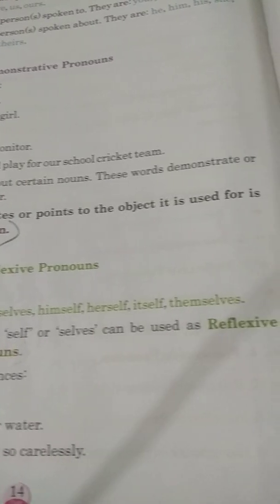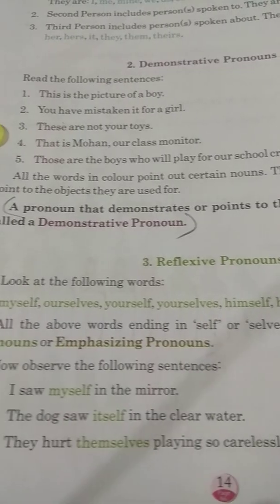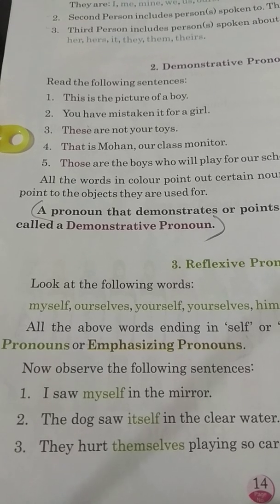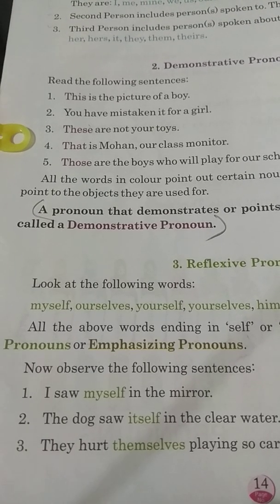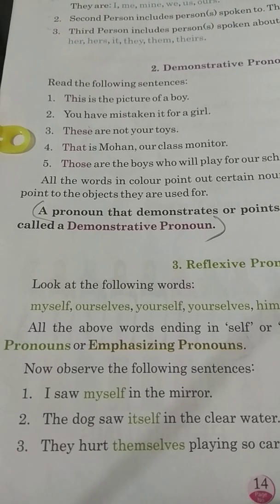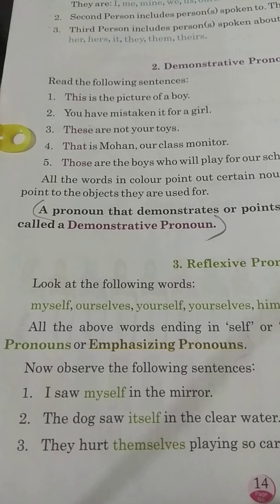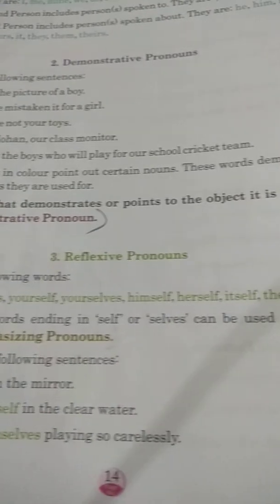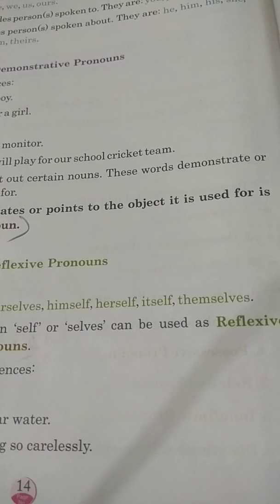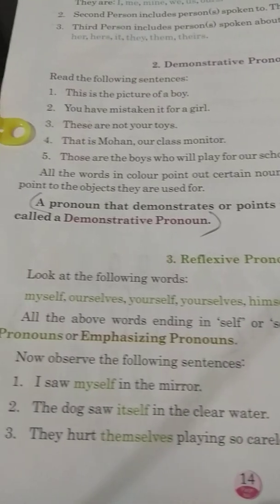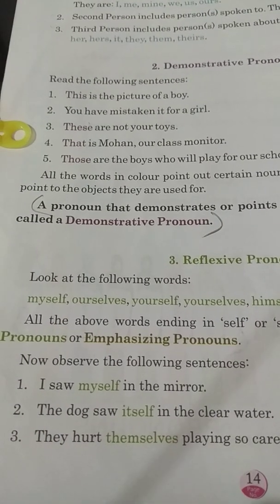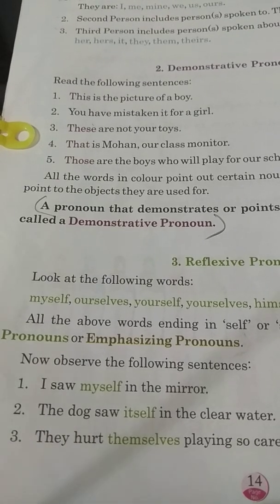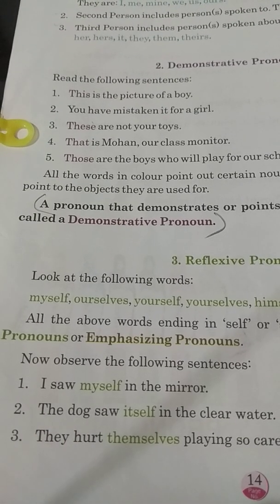These words demonstrate or point to the objects they are used for. The words colored are these, it, this, that, those. So, a pronoun that demonstrates or points to the object it is used for is called a demonstrative pronoun. Pronouns that demonstrate or point out persons, things, or places are demonstrative pronouns.